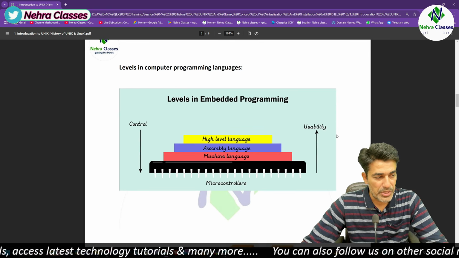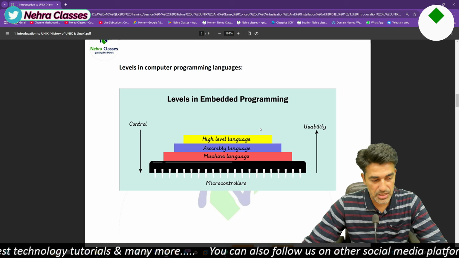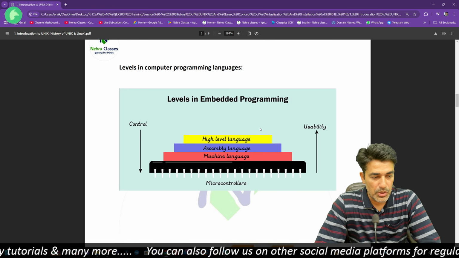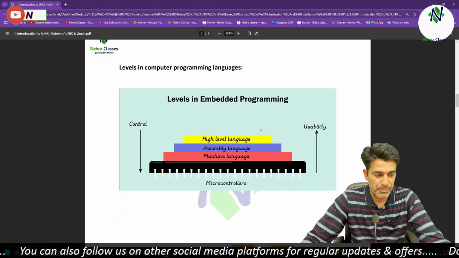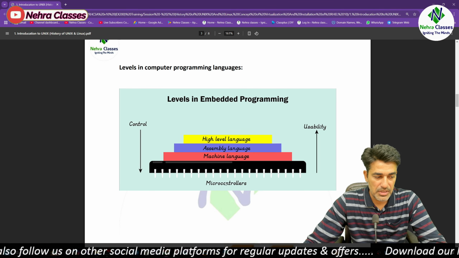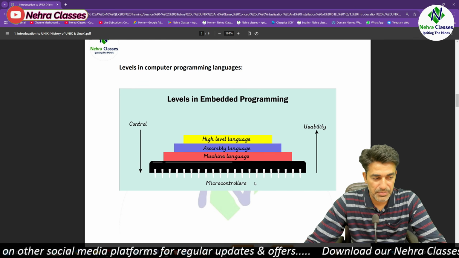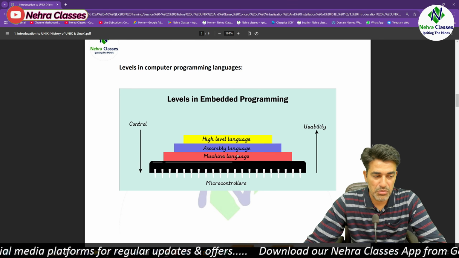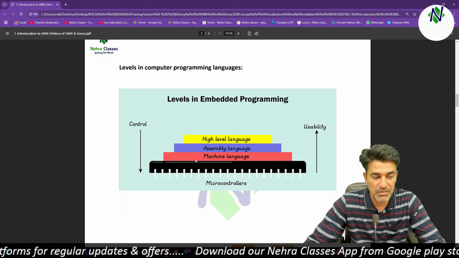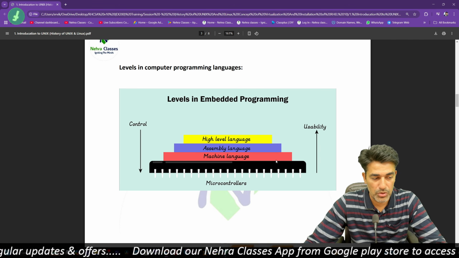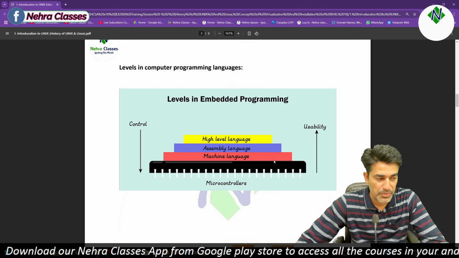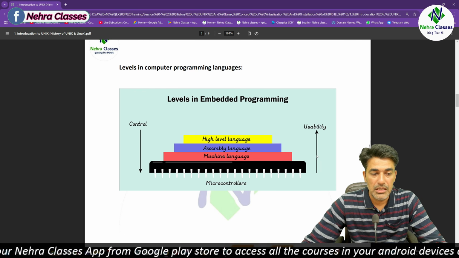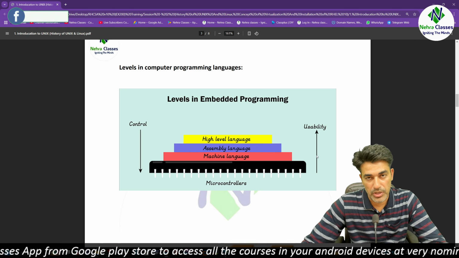Now I'm showing you the picture. This picture illustrates the control and usability of different types of languages with the hardware. Let us suppose there is a microcontroller or microprocessor. So machine level language provides better control on the hardware, on the microcontroller or on the microprocessor, but it is less usable and less portable.